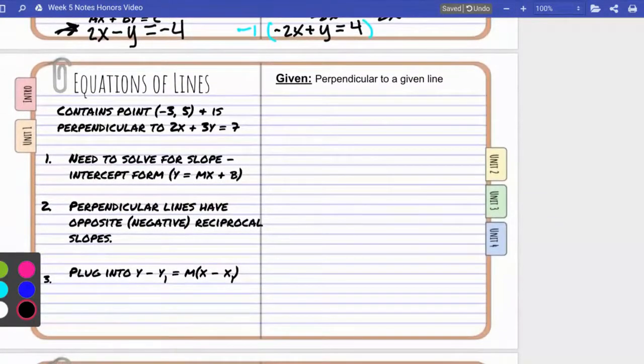Okay, how do I find the equation of a line that's perpendicular to a given line and contains the point negative 3, 5? It's perpendicular to 2x plus 3y equals 7. Well, first I need to get its slope, but in order to get its slope, it has to be in slope-intercept form.